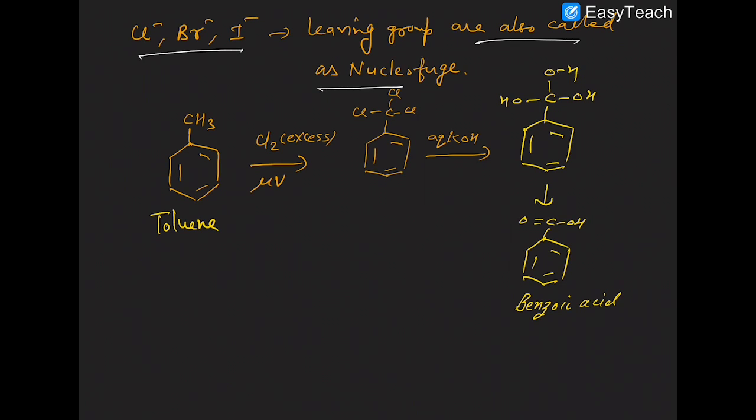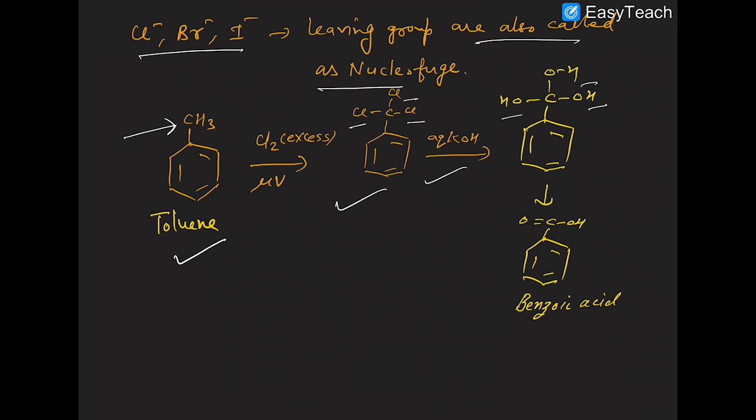Now let's look at one more example. Take toluene and react with chlorine in excess. All the benzylic hydrogens will undergo free radical substitution to provide you trichloro phenyl methane. Okay, sure about that or not? When it reacts with aqueous KOH, all the three chlorines will be replaced by OH.